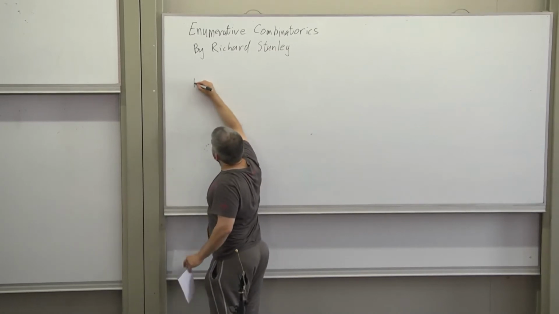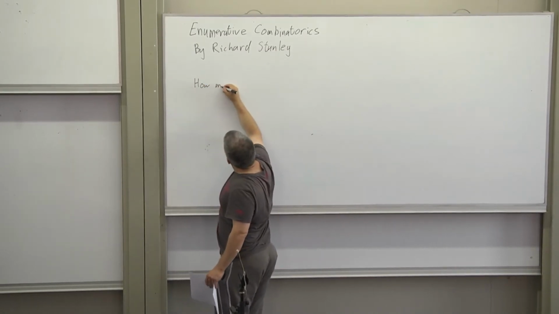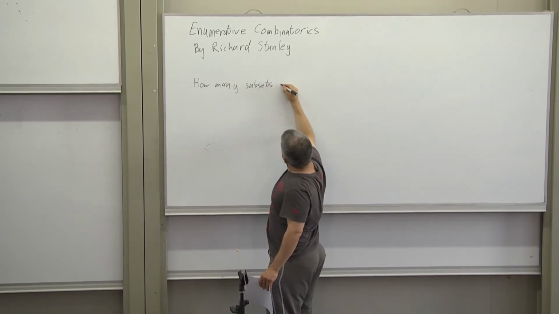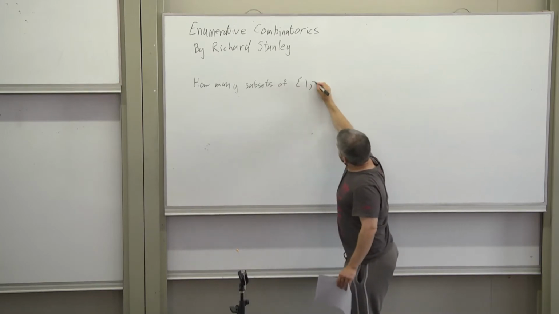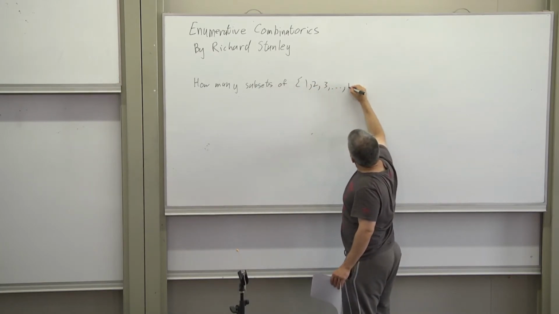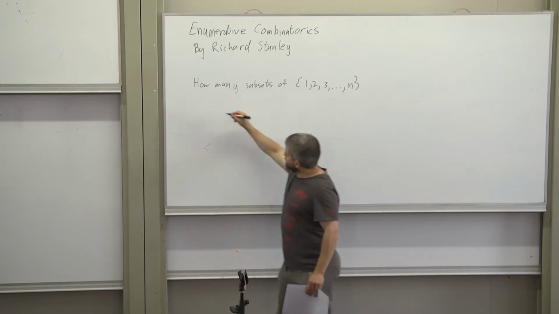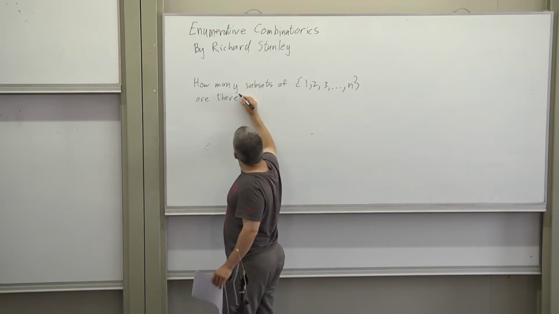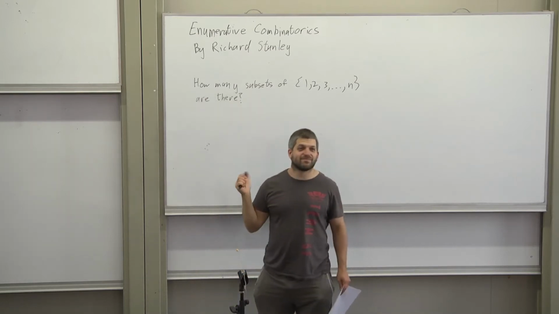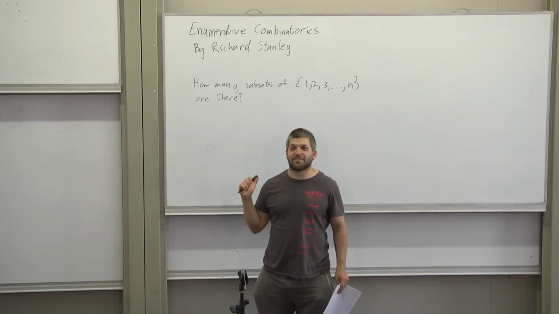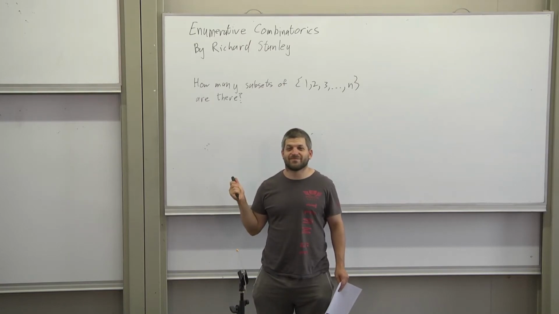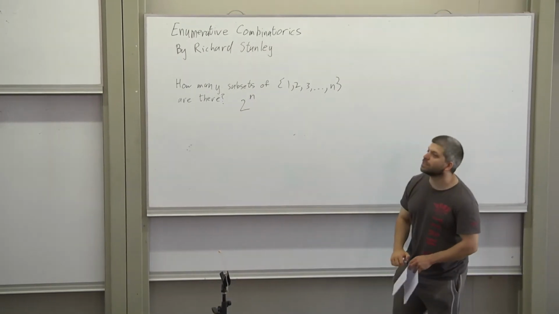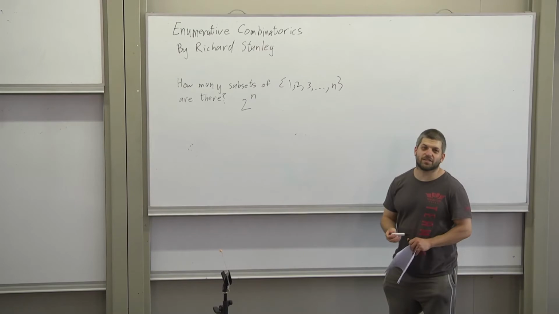So here's a question: how many subsets of this set are there? Anyone know the answer? 2 to the n.